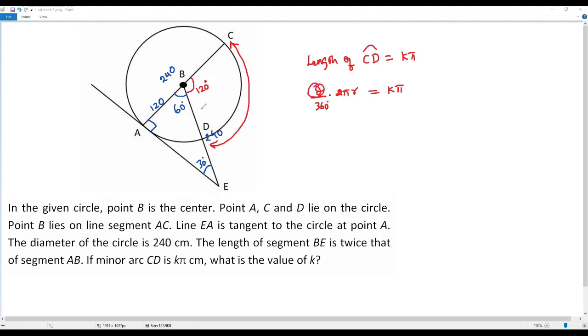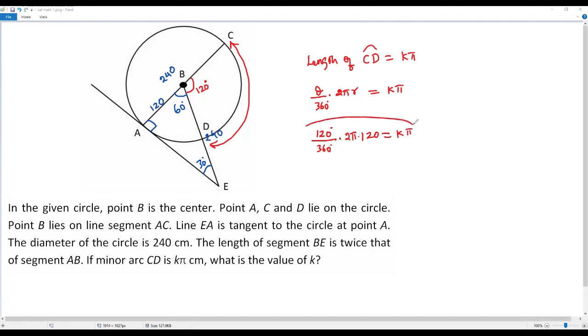This theta is the central angle of the arc, which is 120 degrees. We can plug in 120 degrees for theta, divided by 360 degrees times 2 pi times r, where r represents the radius of the circle. Already we have the radius of the circle, that is 120. We can plug in this 120 for r, equals K pi.